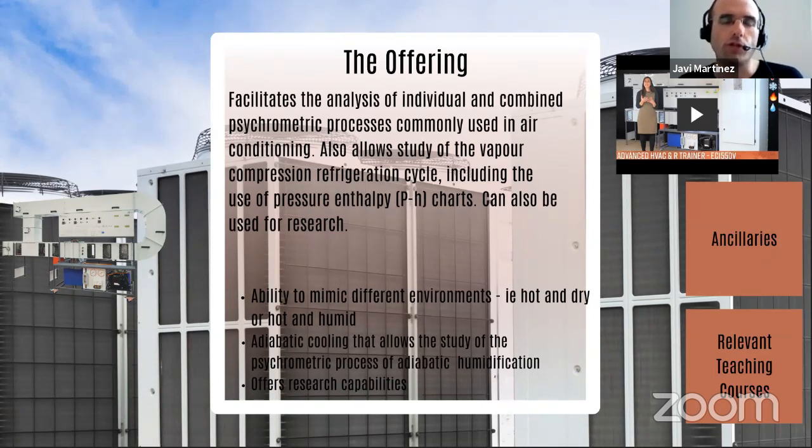If we switch on the preheater, we are going to achieve temperatures that are 30 to 35 degrees with relative humidities between 28, 29% to 30, 35%. So that is hot and dry. Then we can cool down the air. In that case, we can increase the experiment range and increase also the research capabilities.